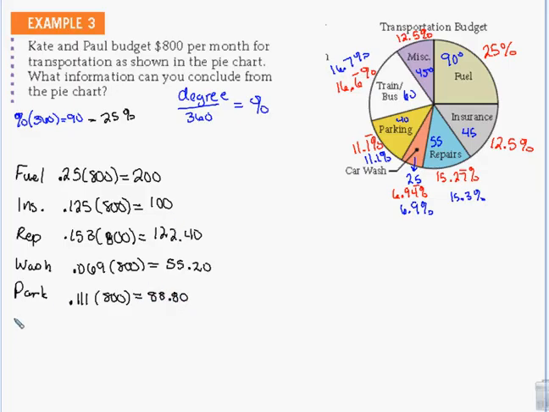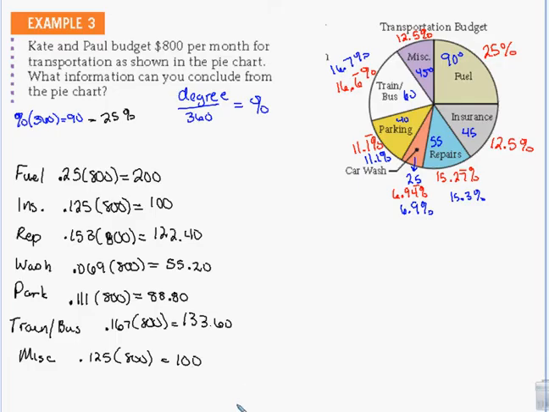Train and bus, so I imagine that they drive to the train station and go from there. So 133.60, and then miscellaneous, which is probably, you know, like air fresheners and whatever. So $100. And that is their entire transportation budget.